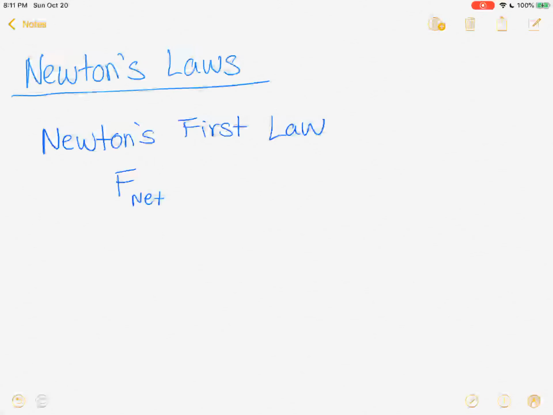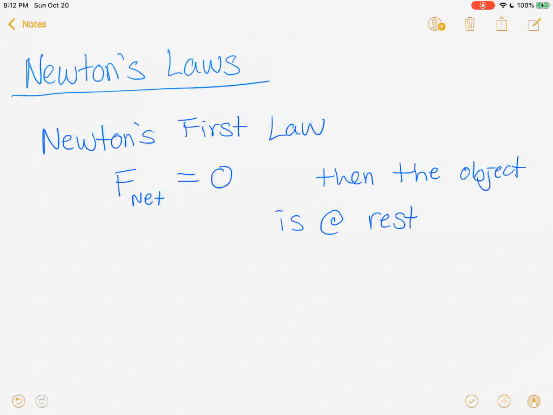If the net force is zero, then the object is at rest or is moving with constant velocity.